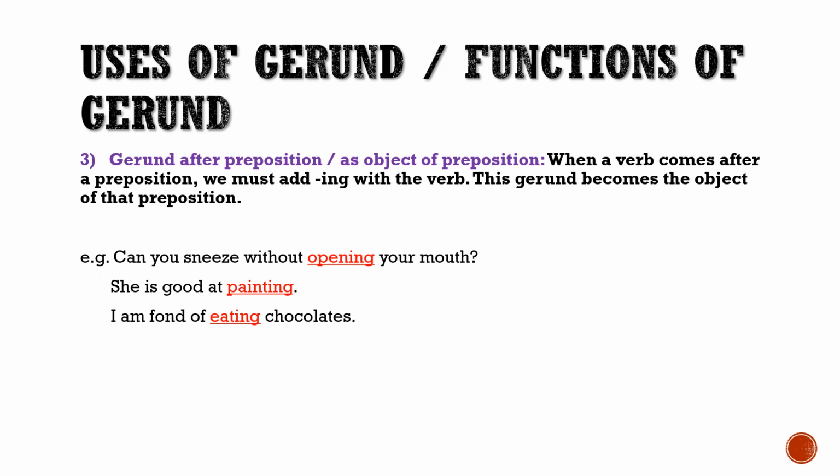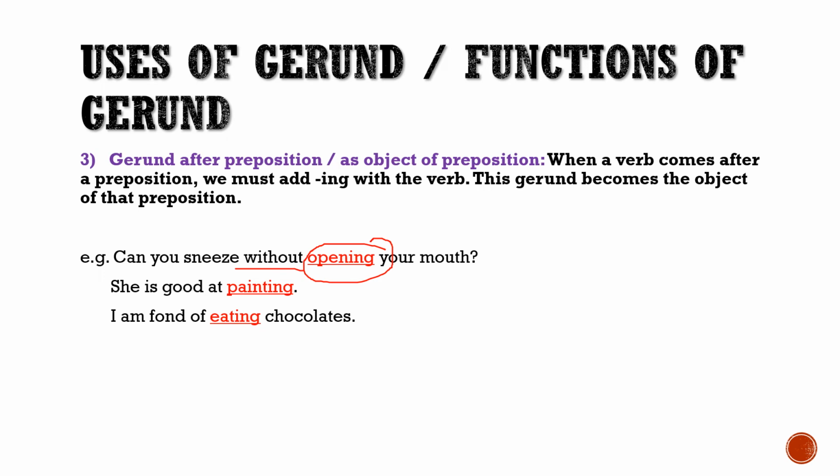First example is, can you sneeze without opening your mouth? Notice the verb opening. We have added ing with the verb open, and notice the word without.